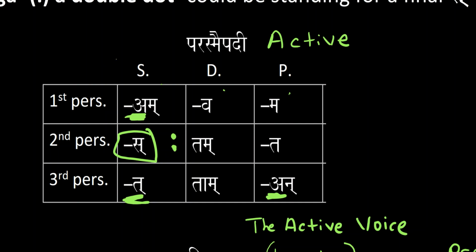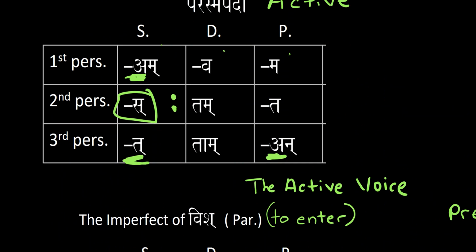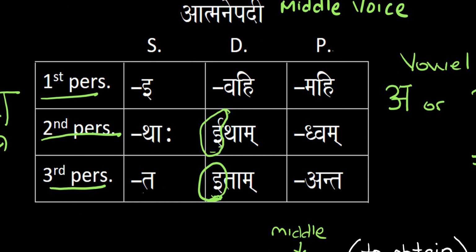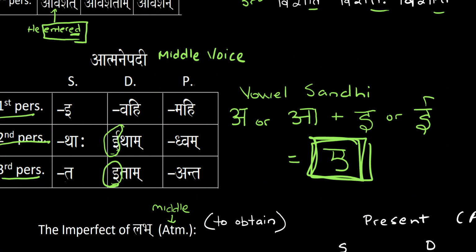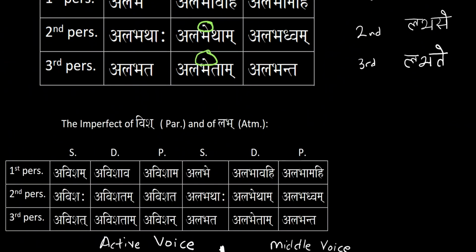So you're not adding that anymore to it, and you're just keeping the a at the end of the verbal base, so it doesn't become a long a. So these are the case endings. What you want to keep in mind is where you drop your a and where you add your long a, and you have to make sure that you're adding that with terminations beginning with va and ma, and you have to keep in mind your vowel sandhis.